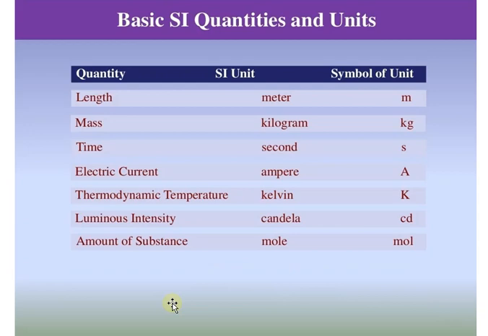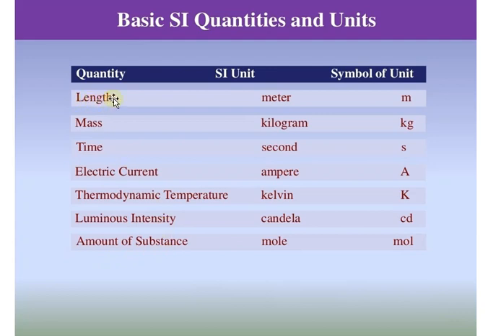Here are some examples of basic SI quantities. There are only 7 basic quantities, as you discussed in the previous classes: length, mass, time, current, temperature, luminous intensity, and the amount of substance.